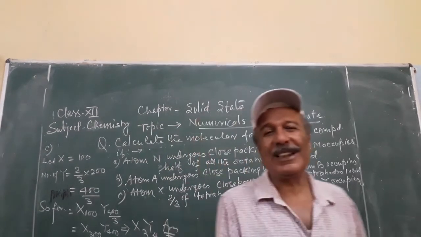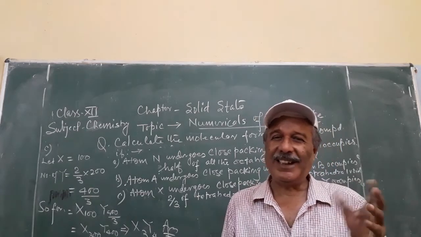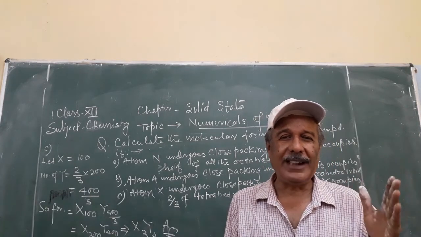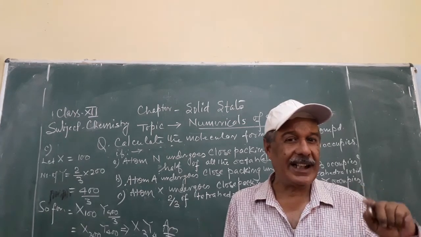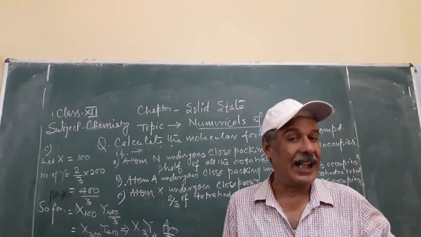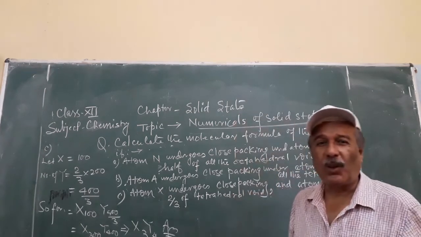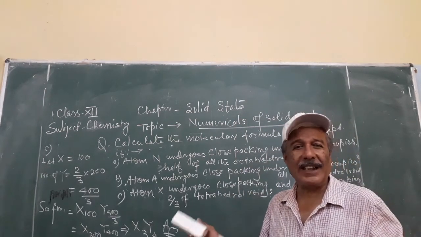Now, get it very clear in what way they are asked. One, on the basis of what we studied in the rank of the unit cell. And second, what we studied during close packing of a structure.